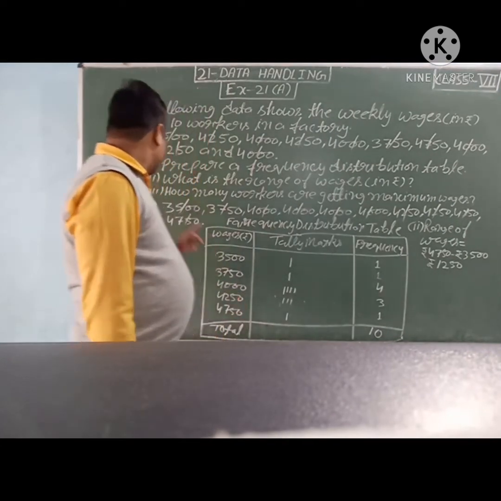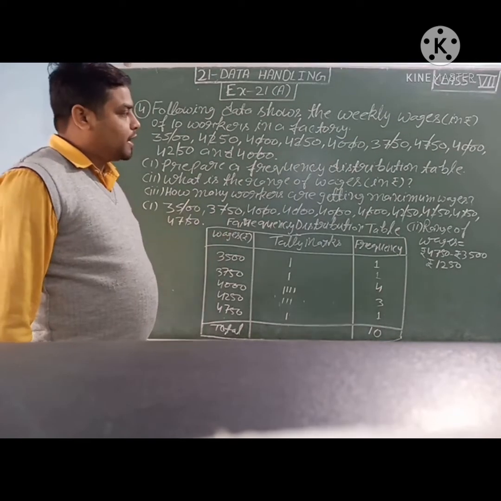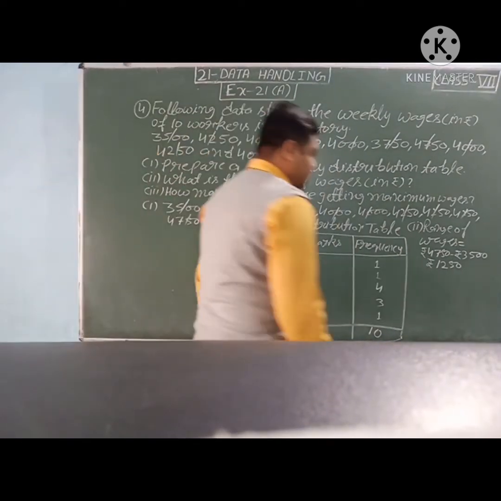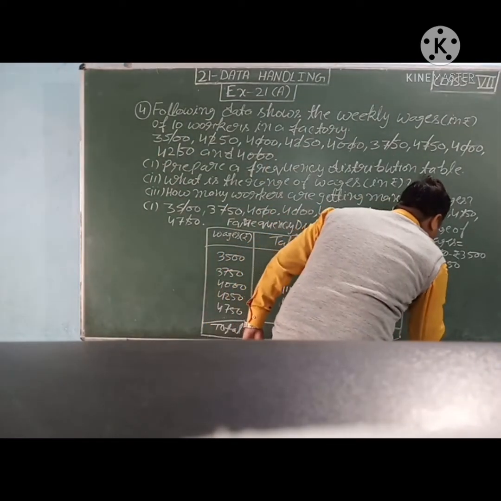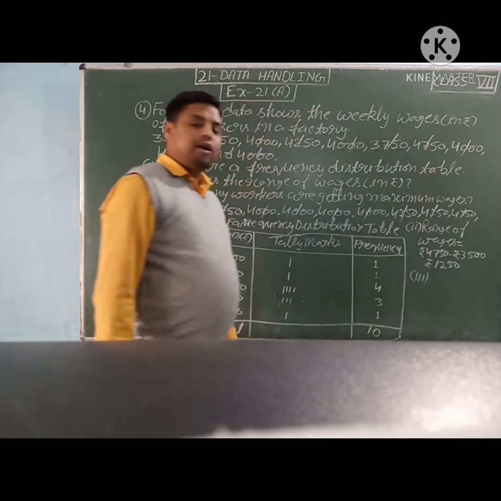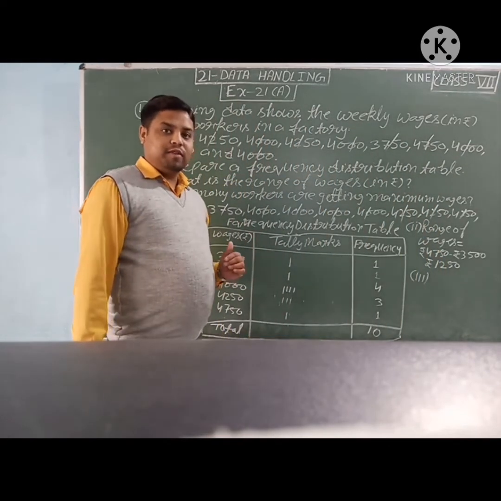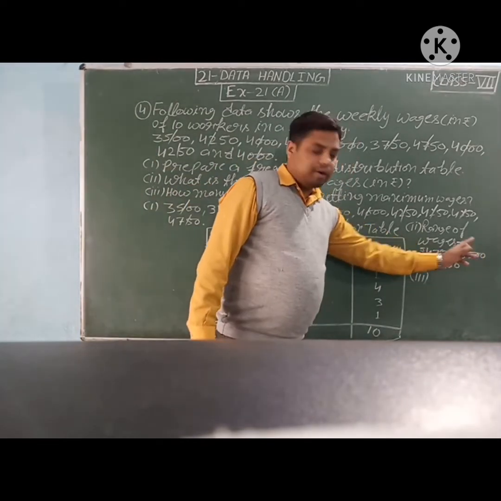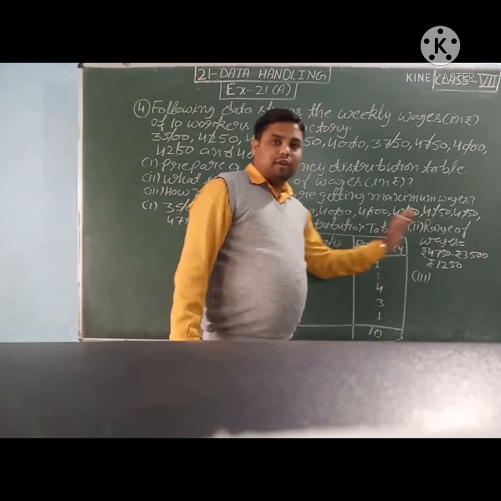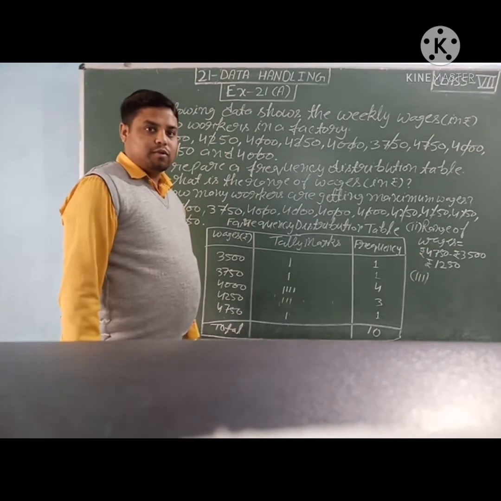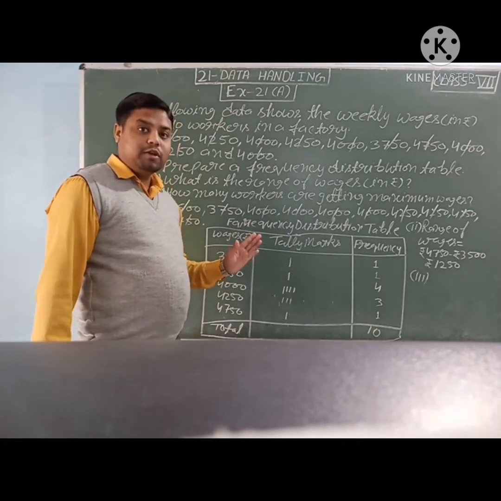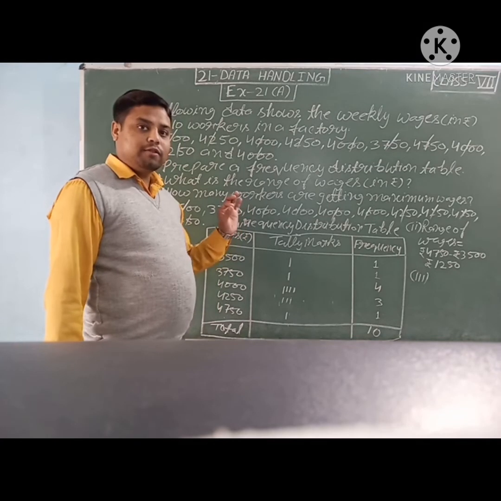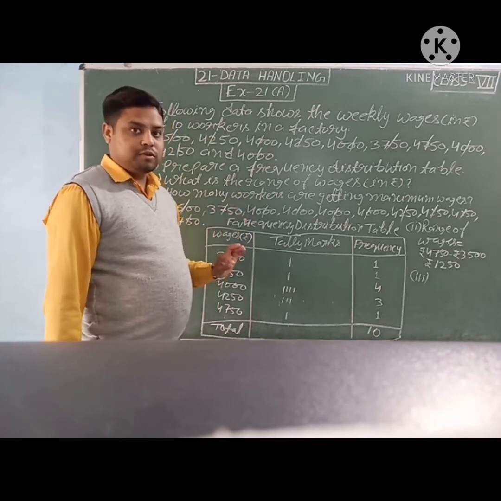Third point, how many workers are getting maximum wages? Minimum wages are rupees 3,500 and maximum wages are rupees 4,750. And range of wages means maximum wage minus minimum wage.